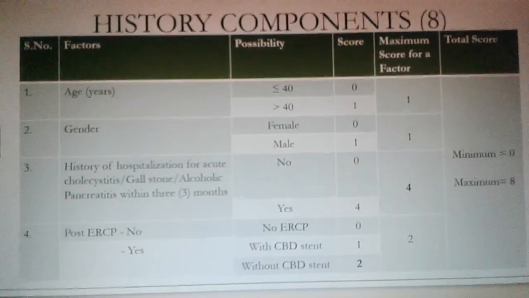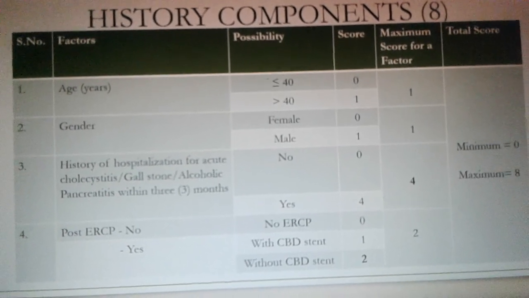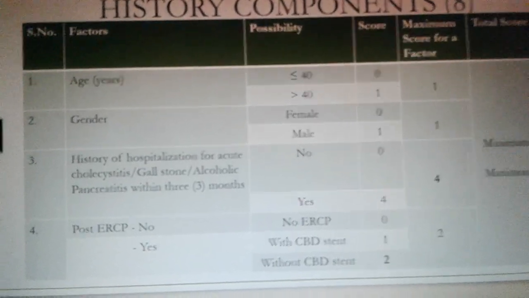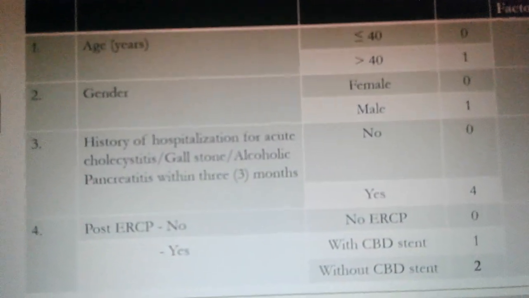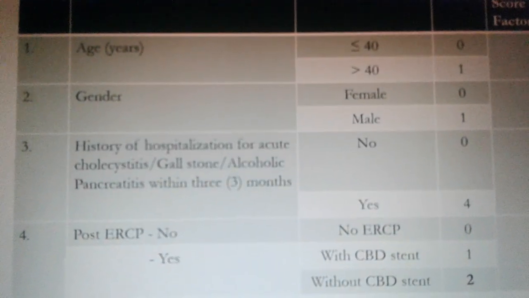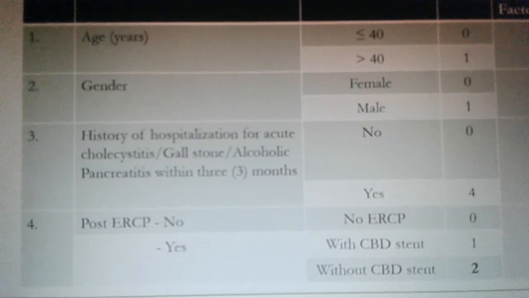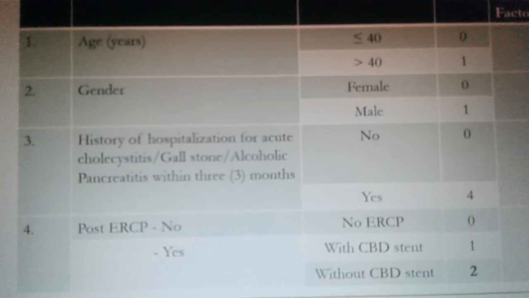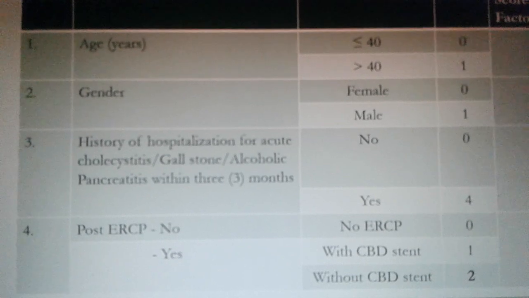Let's focus on the first, history components. We are just going through the various factors we are going to assess in part A history components. It has broadly 4 factors. First one is age in years, followed by gender, then history of hospitalization for acute cholecystitis, or gallstone pancreatitis or alcoholic pancreatitis within last 3 months.